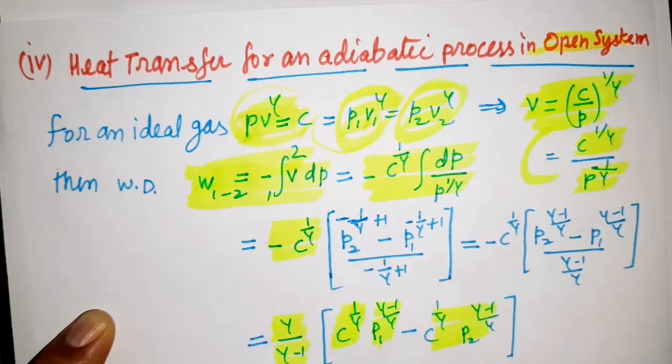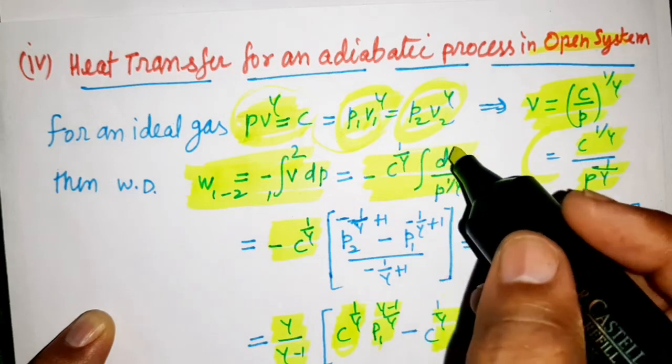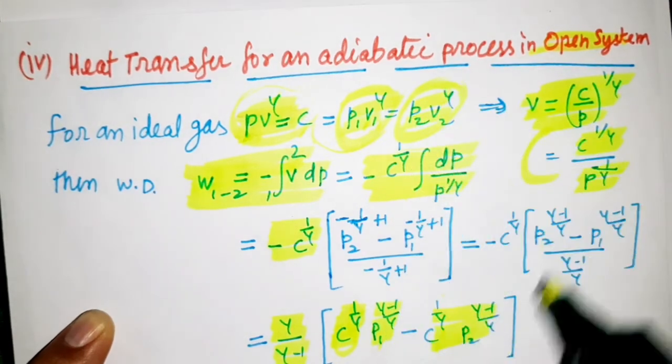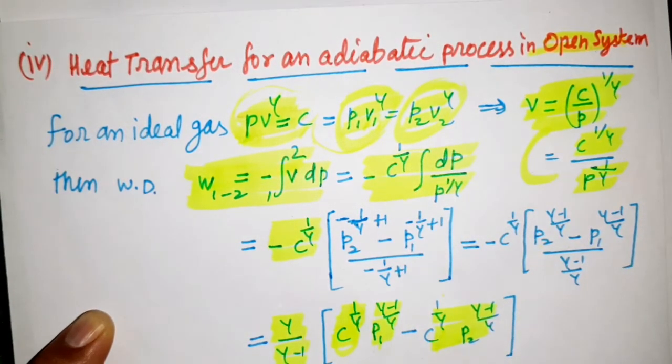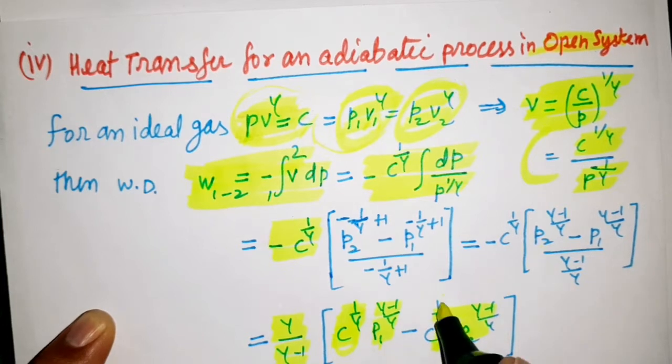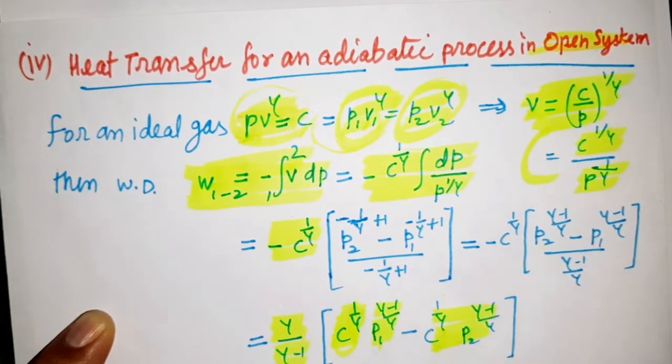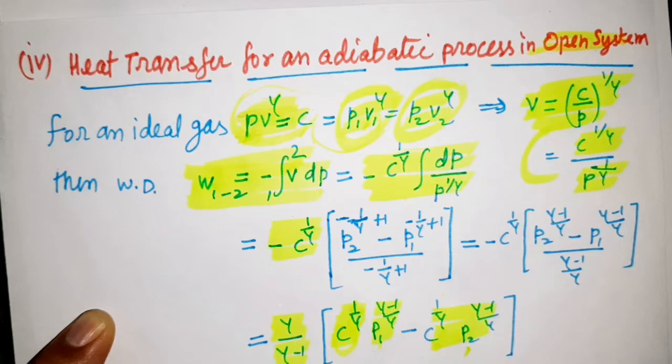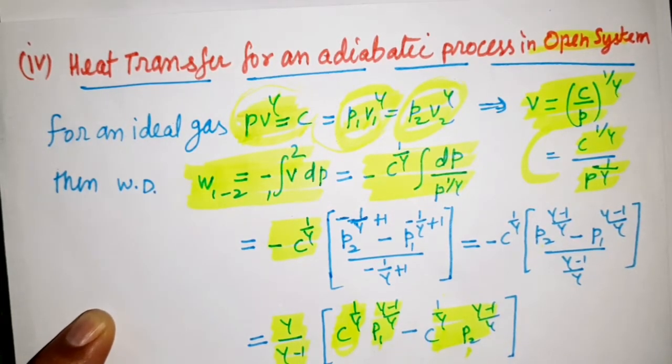So this power is here and this value is placed from here. And again C to the power 1 upon gamma, so C is equal to this value. So this is actually C to the power 1 upon gamma into this P to the power gamma minus 1 upon gamma.